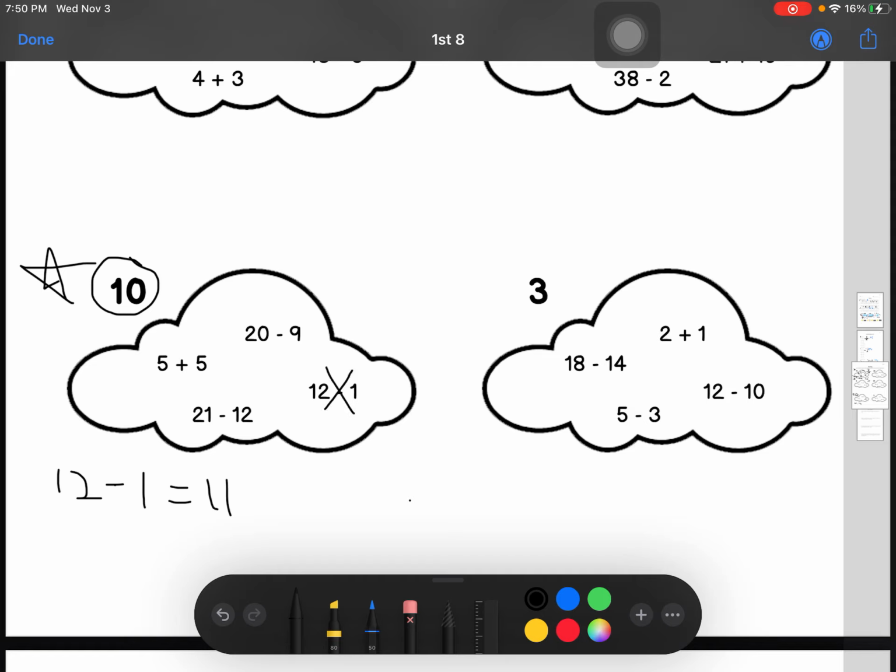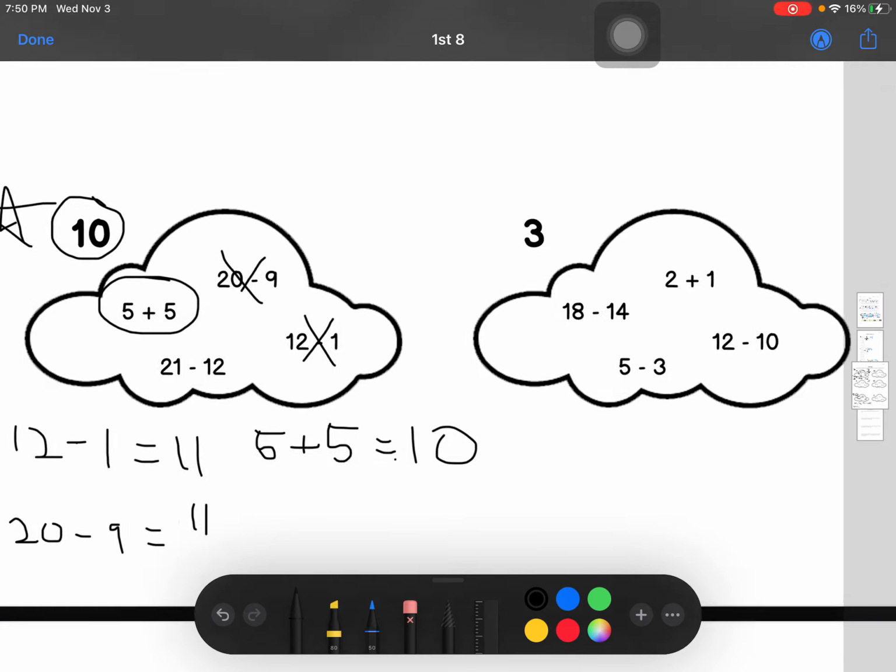We will do 20 minus 9, which is also 11, which means 20 minus 9 also does not match. We can try 5 plus 5, and we will get 10, which means 5 plus 5 is what matches with 10.